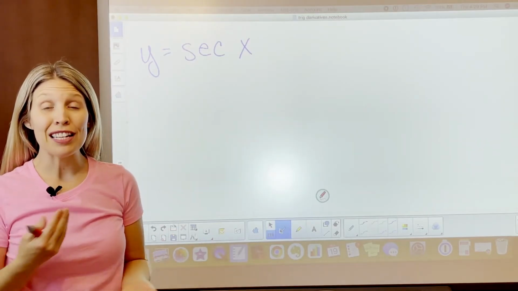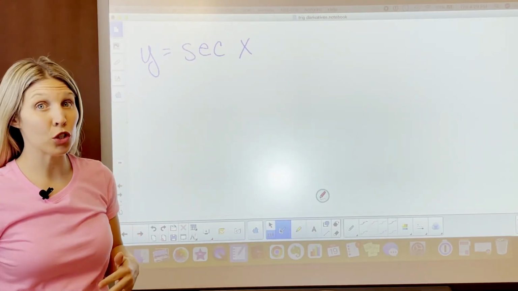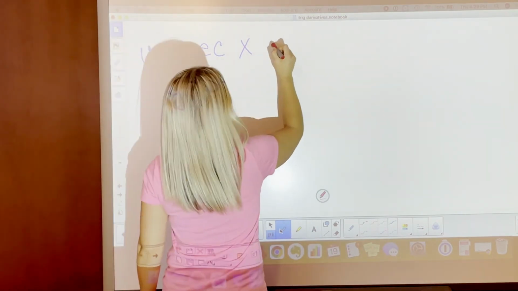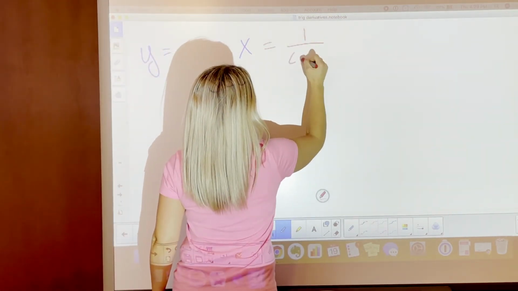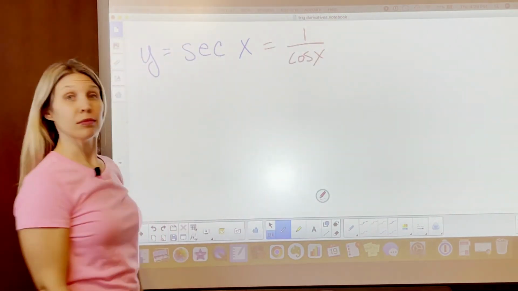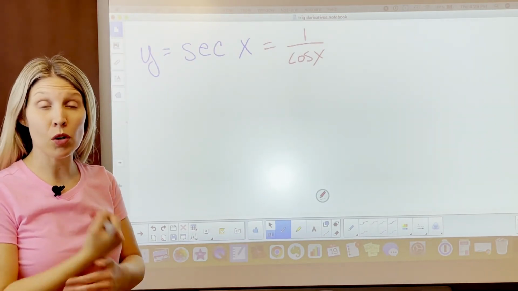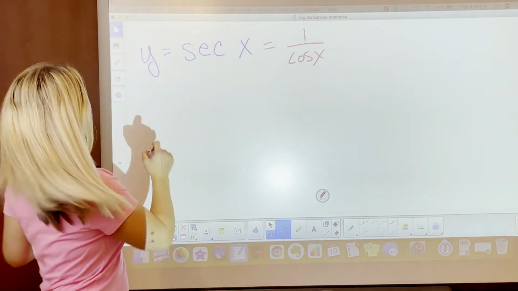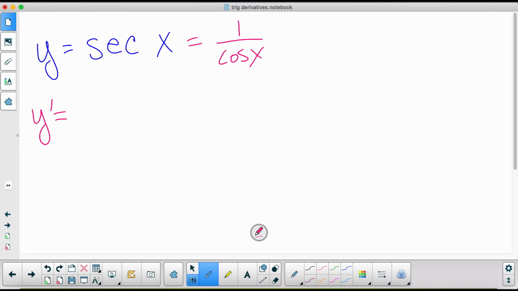Now we have secant x. So we're going to just rewrite this as 1 over cosine x. Low d high minus high d low all over low. You ready? Y prime, low, cosine of x, d high, derivative of 1, 0, minus the high piece times the derivative of low.